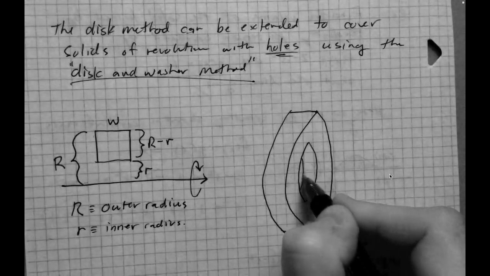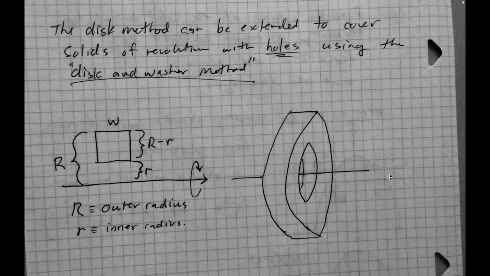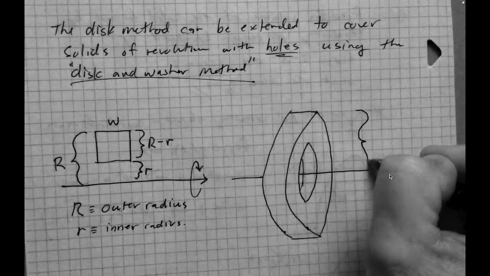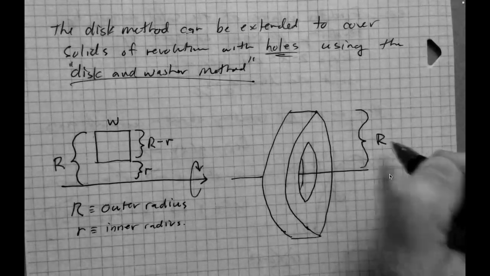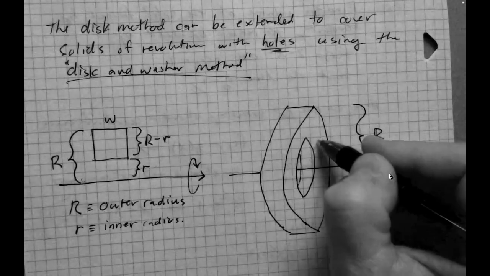And so the axis of rotation will go right through the middle. And so from here all the way to the bottom, that's your big R. And this piece here, this little r, that's just this.